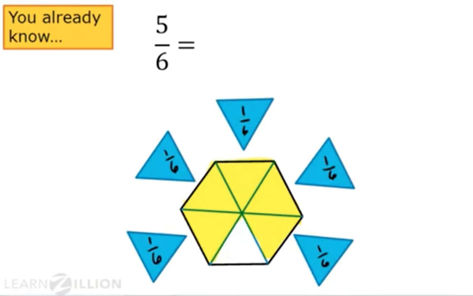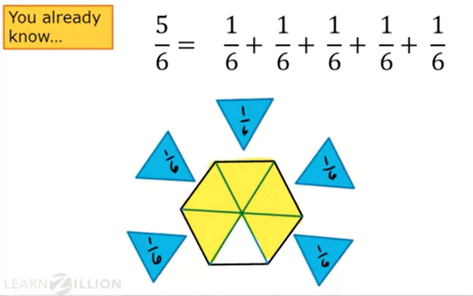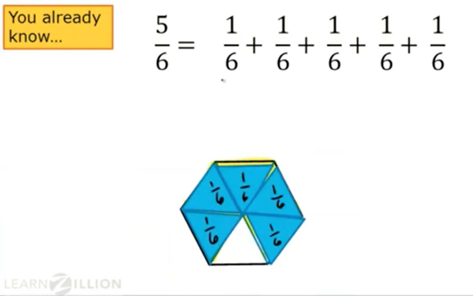For example, 5/6 can be broken down into 5 1/6 pieces because putting 5 1/6 size pieces together will yield an amount that is the same value of 5/6. If I look at my picture, I see that I have 5/6 shaded in here and 5 1/6 pieces. The 5 pieces should fit perfectly on top of the 5/6 I've shaded. This shows me that adding 1/6 5 times is the same value as 5/6.